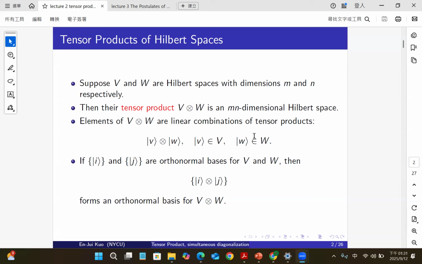Now I can write V tensor V as a set. For convenience, I can write a|0> tensor |0> plus b|0> tensor |1>. By definition, I just take all the Cartesian products of the |0> plus the |1>.